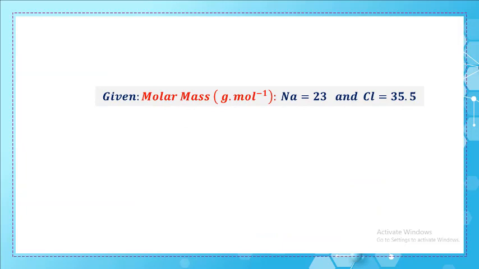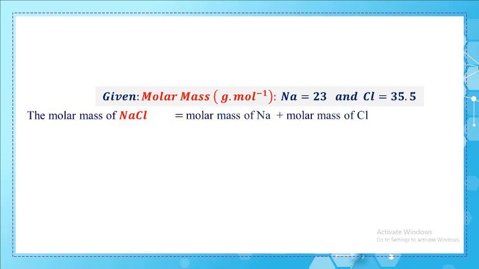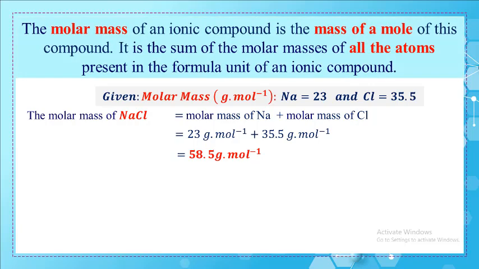Given the molar masses of Na and Cl, let's find the molar mass of NaCl. It is equal to the sum of the molar masses of Na and Cl, which is equal to 58.5 grams per mole. So the molar mass of an ionic compound is the mass of a mole of this compound.